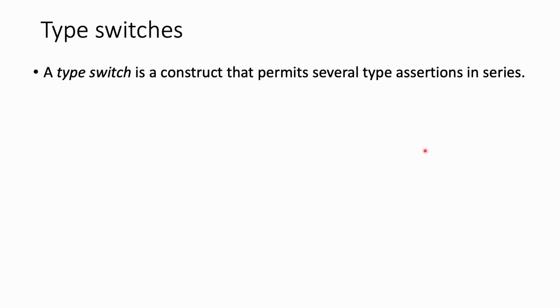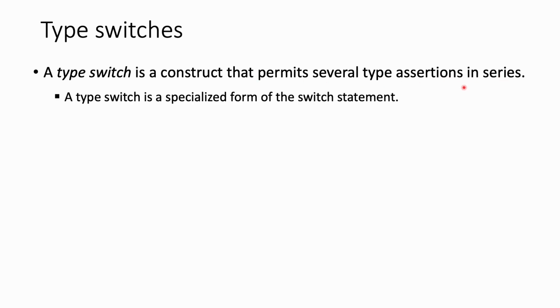In your programs, you may need to write several type assertions for the same interface value, because an interface value may hold different concrete types. For that purpose, it's more convenient to use a type switch, which is a construct that permits several type assertions in series.